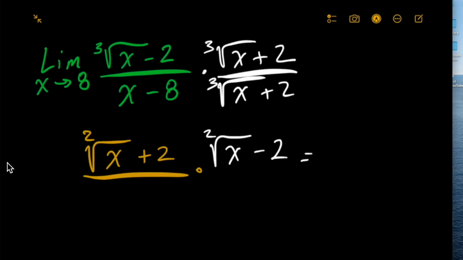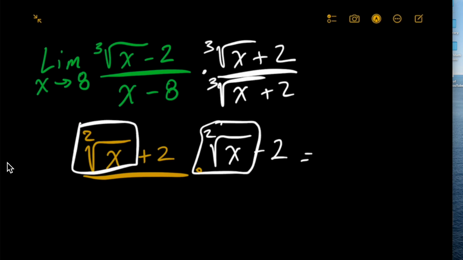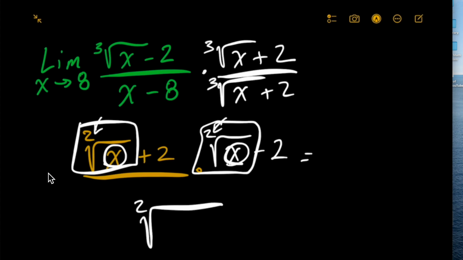And the reason is when you multiply the square root of x times the square root of x, since these indices are the same, those roots are the same, you are allowed to keep that same index too and just multiply the radicands. So the radicand here is x times x is x squared.